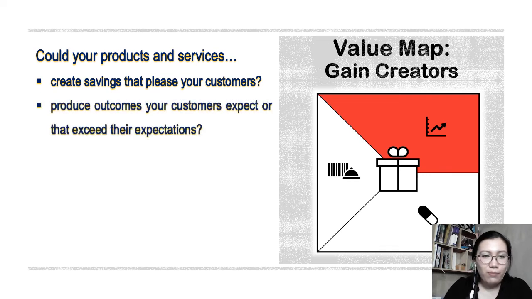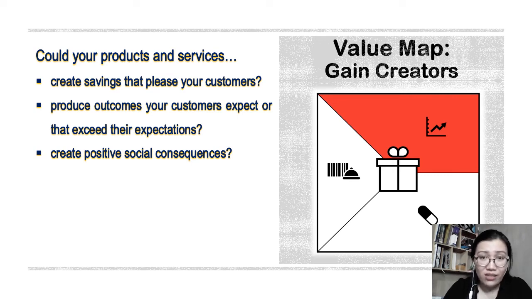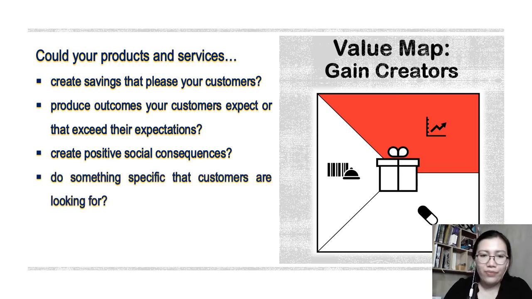Could it produce outcomes your customers expect or that exceed their expectations? It could be by offering quality levels, more of something or less of something. Could it create positive social consequences? It could be by making them look good or producing an increase in power or status.